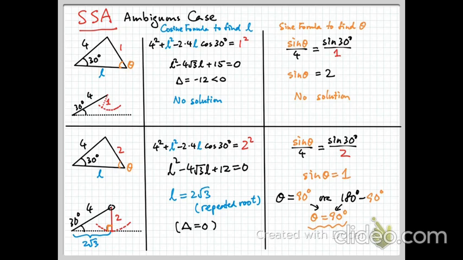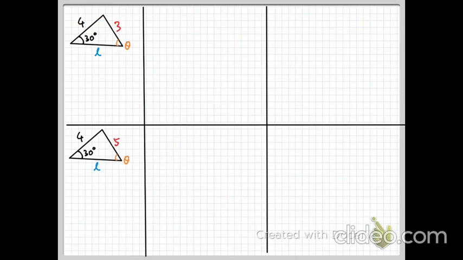Now let's look at 2 more cases. It's just the same, only that we change the red number. Once again, we use the cosine formula to find L. We have 4 squared plus L squared minus 2 times 4 times L cosine 30 degrees is the square of 3.